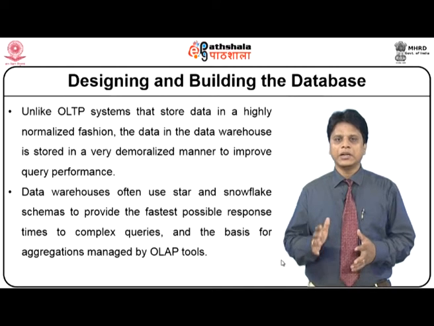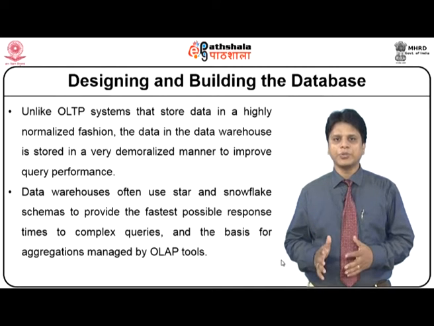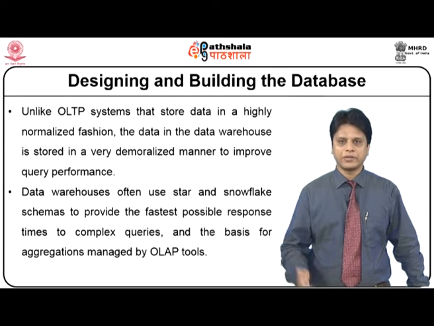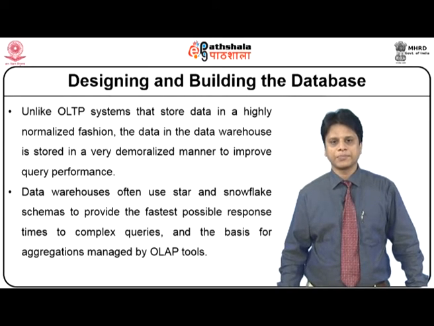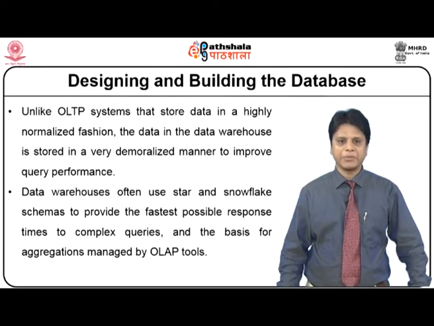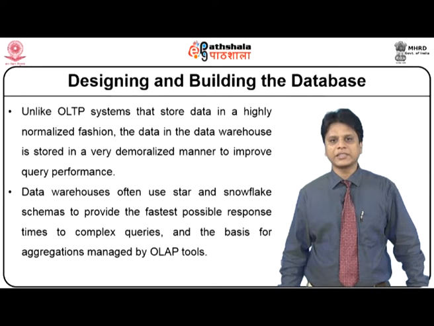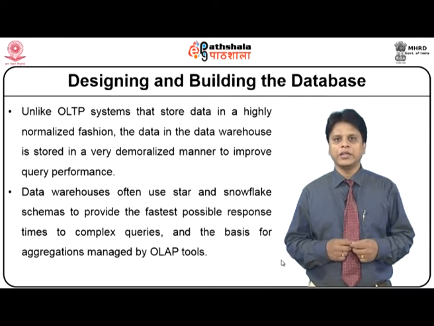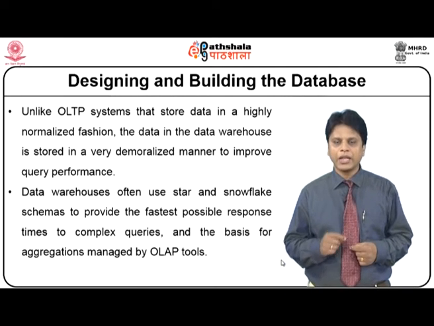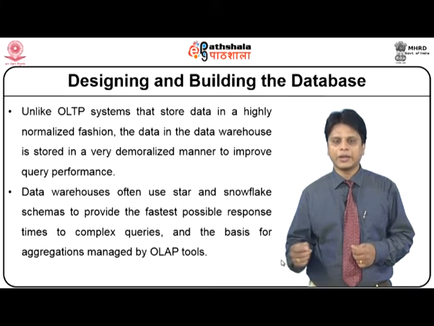This data warehouse needs to accommodate different schemas, like star schema and snowflake schema, to provide the fastest possible response time to complex queries. The basis for all these aggregations is to be managed by the analytical processing tools. This OLAP indicates online analytical processing tools.